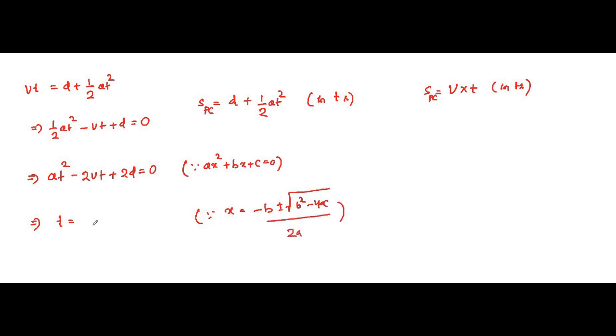So here, taking that into consideration, it is minus b, which is minus of minus 2v plus minus b square, that is minus 2v square minus 4ac, that is 4a into 2d.